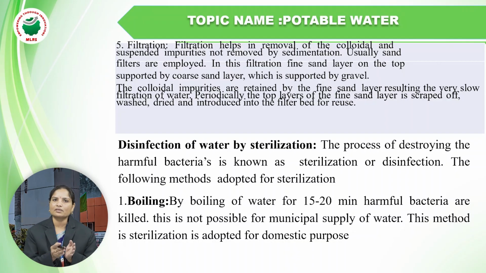In the rapid sand filtration tank, we pass compressed air. Whenever we pass the compressed air, all the impurities settle from one layer to the next layer. Immediately all the impurities can be eliminated by the rapid sand filtration tank.